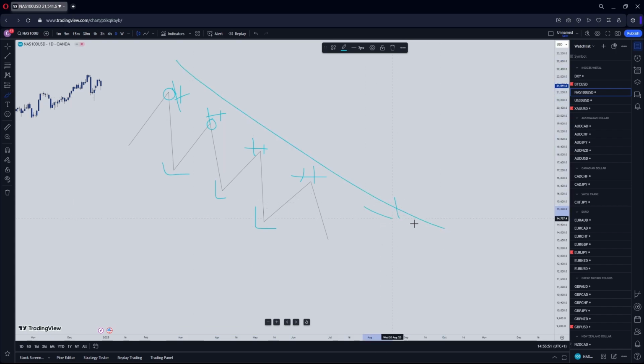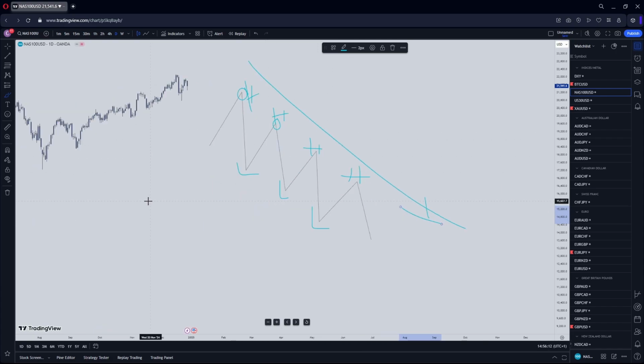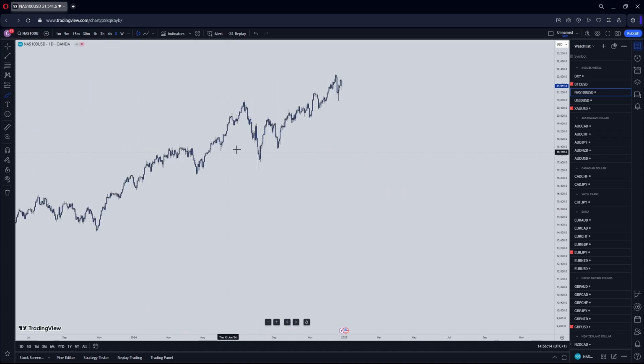See the highs and the lows. They are all going down. This is a downtrend. Easy. The highs are marching downwards. The lows are marching downwards. We are in a downtrend. Simple as that.